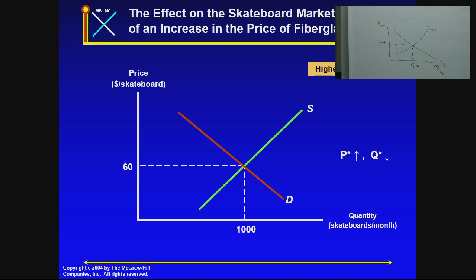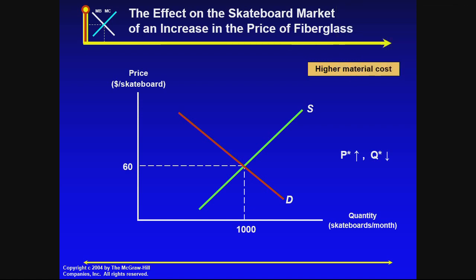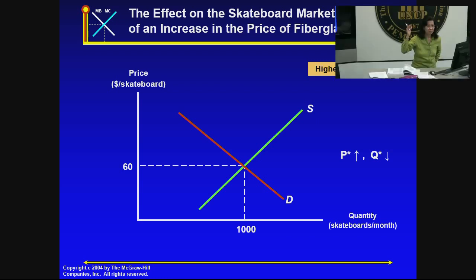So in other words, if the cost of making the skateboard is higher, let me ask you, would you make more or would you make less? You will make less. So this is how you reason and this is how you analyze it. So if you would make less and we're looking at supplier side, so we will shift only the, which one? Supply or demand curve? Supply. The supply curve only, and to which direction?